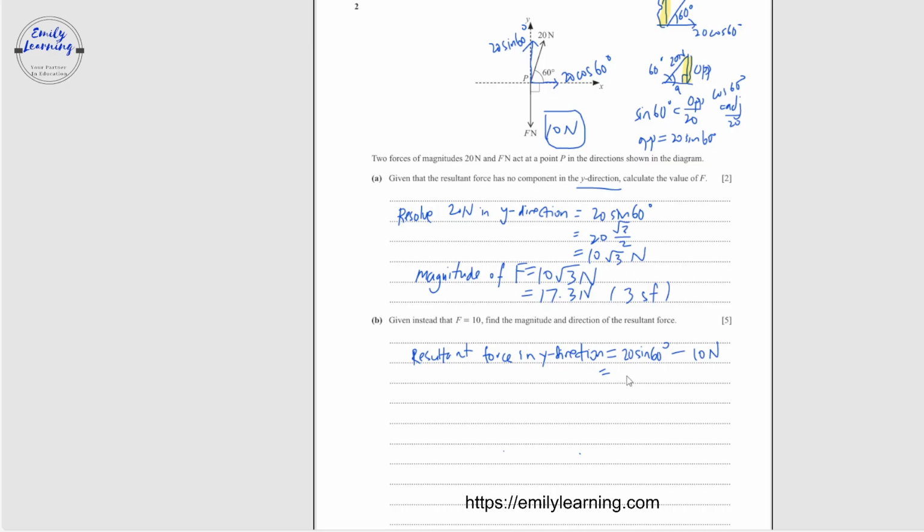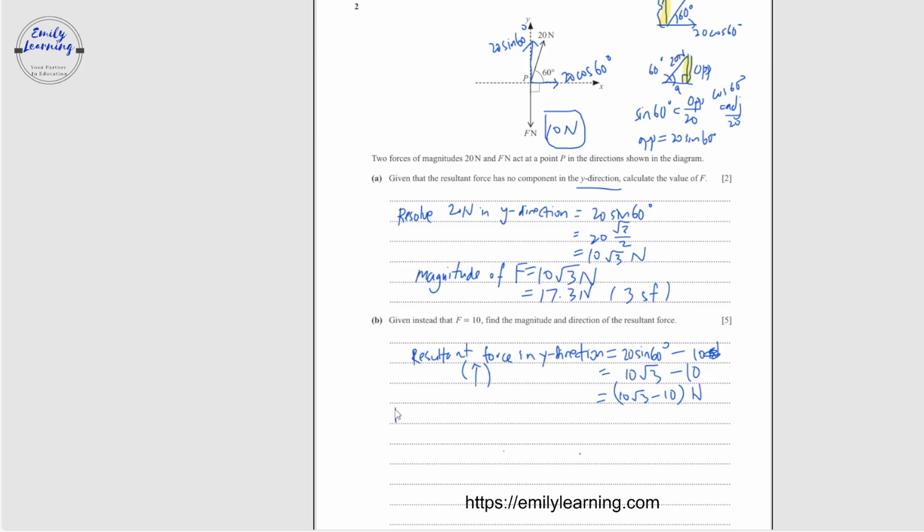Okay, and we know that 20 sine 60 degrees is 10 root 3. So that's the resultant force in the y direction, and because 20 sine 60 degrees is 10 root 3 and this is 10, this is bigger, so we know that it is acting in the upward direction.